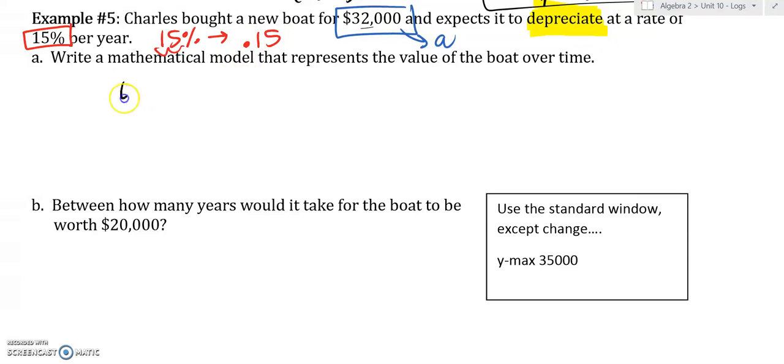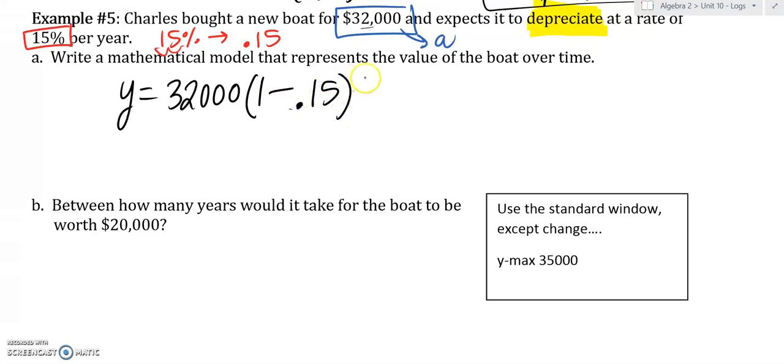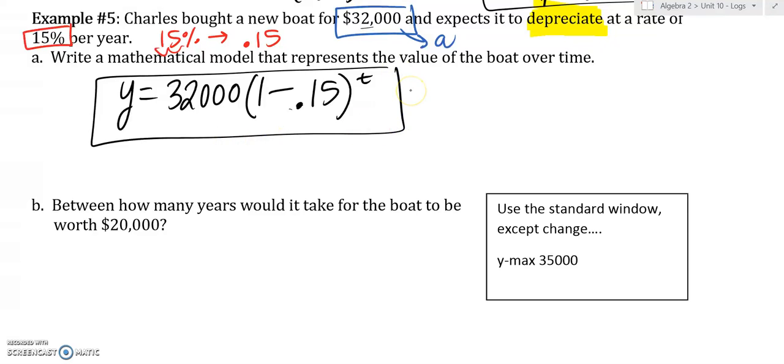We just want a model. So y is equal to A, which is 32,000, times 1 minus 0.15. I'm putting the minus sign there because it depreciates. It's a decay, decrease problem, and then 0.15, and then to the t power because it's a model. There's my model. Okay.